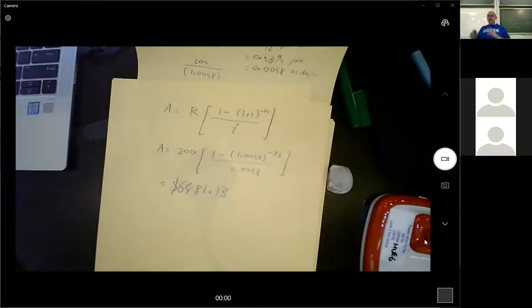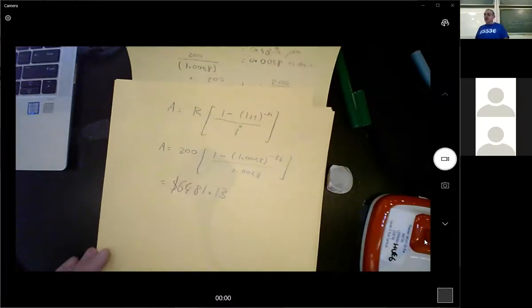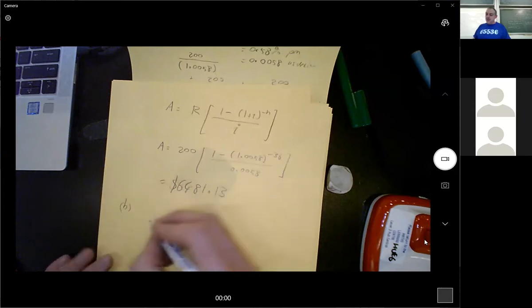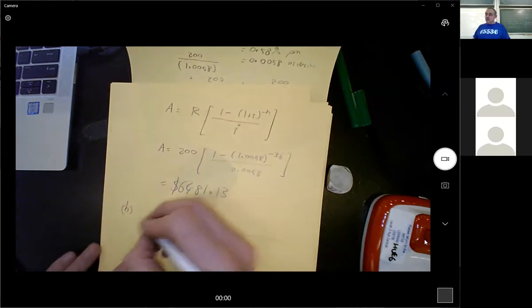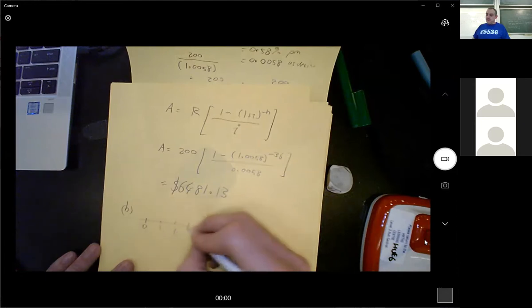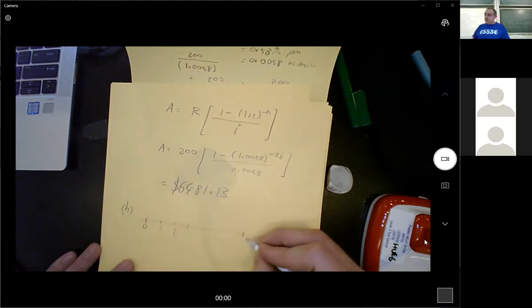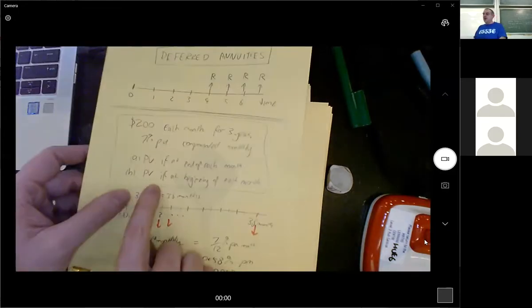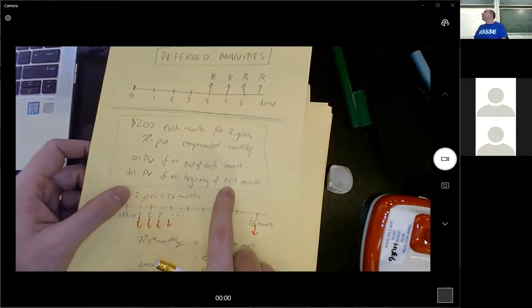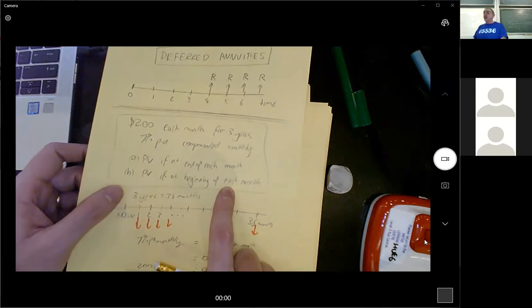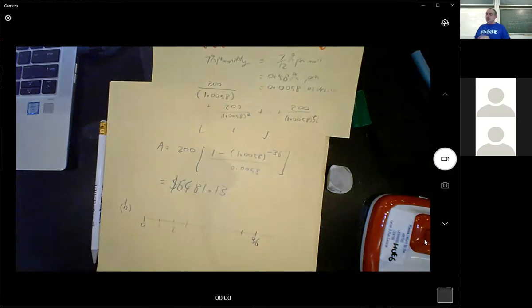Okay, so that's that. But if it's part B, then everything is happening earlier, right? So part B was the present value if it's at the beginning of each month, which is an annuity due. So now the payments happen here instead.